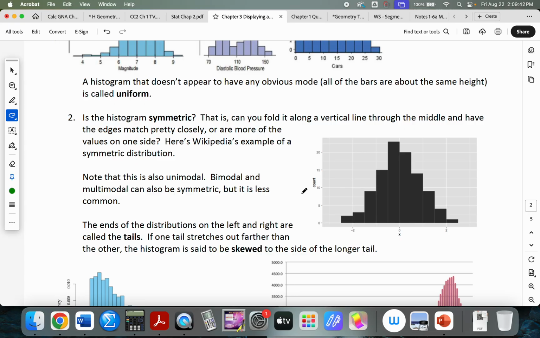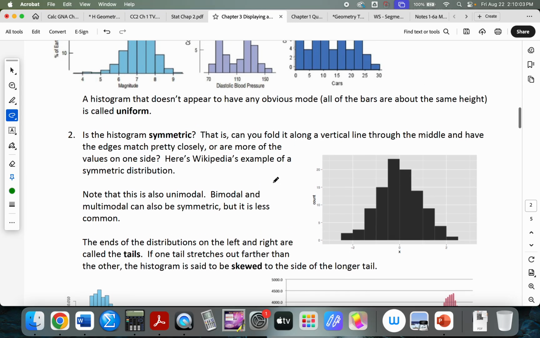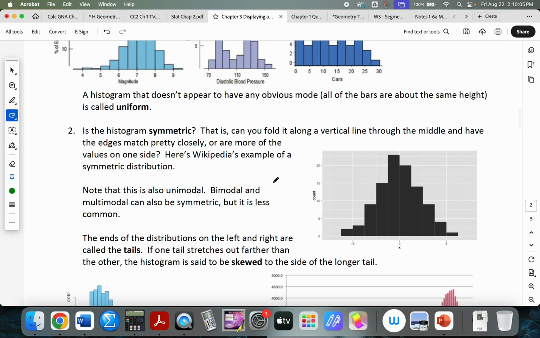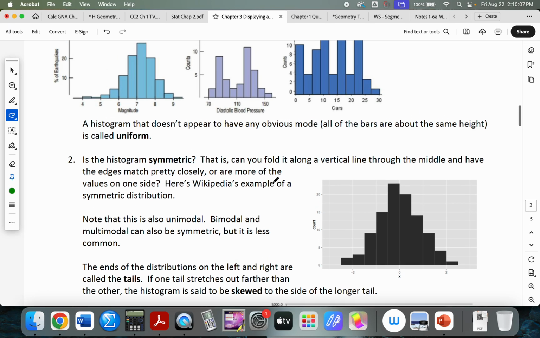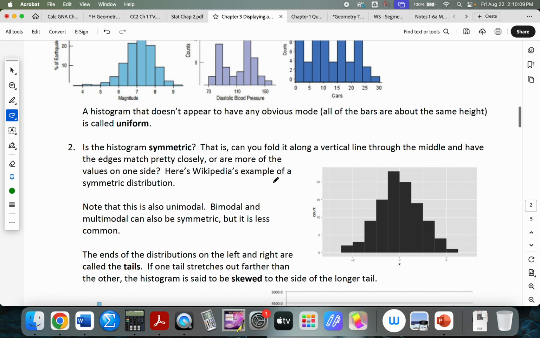So this diagram shows something that is both unimodal and symmetric. The left side and the right side are about the same. Notice they're far from perfectly the same, but it's close enough. Okay? You can have bimodal and symmetric or multimodal and symmetric, but it's less common.